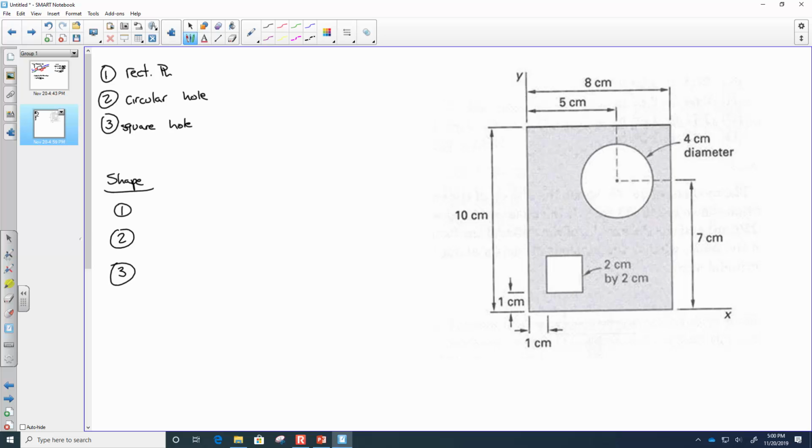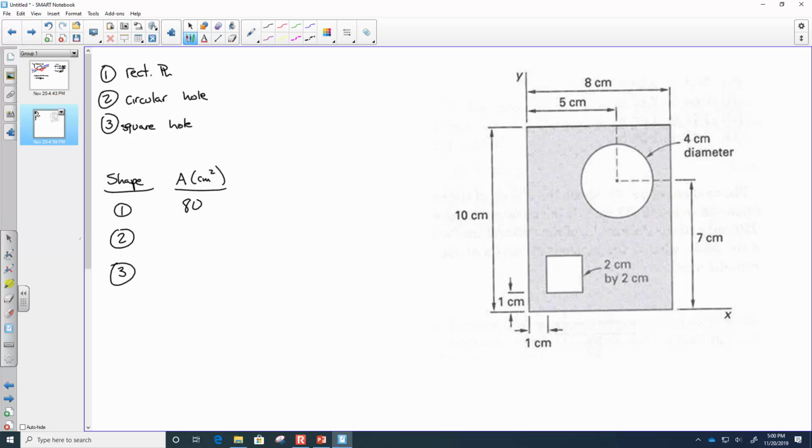First thing we're going to do is write some areas. So somebody help me out. What is the area of shape number 1, being the area of this whole plate? It is 8 centimeters wide, 10 centimeters tall, 80 square centimeters. That is exactly right. Let's talk about that circular hole. What is the area of a circle with a diameter of 4 centimeters?